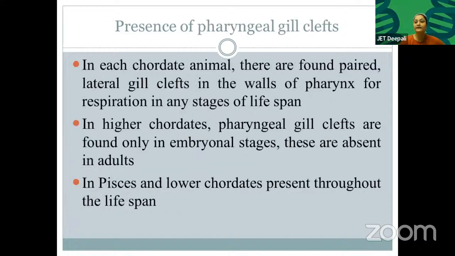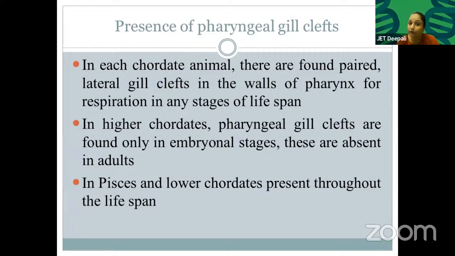This is important: chordates do not have nerve ganglia. In each chordate animal, paired lateral gill clefts are found in the walls of the pharynx for respiration in any stage of the life cycle. Gill clefts are present on the pharynx, your neck side. We do not have gill clefts because we have lungs. We do not reside inside the water, so we don't need gill clefts.